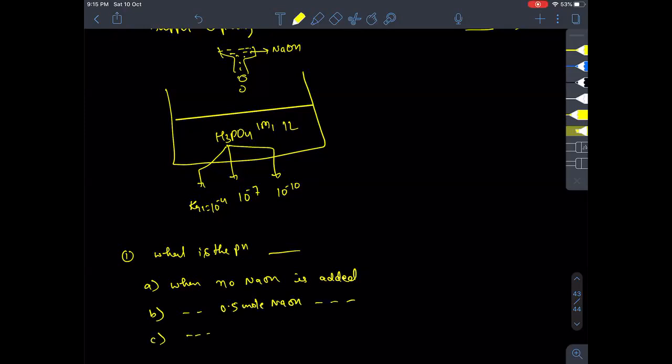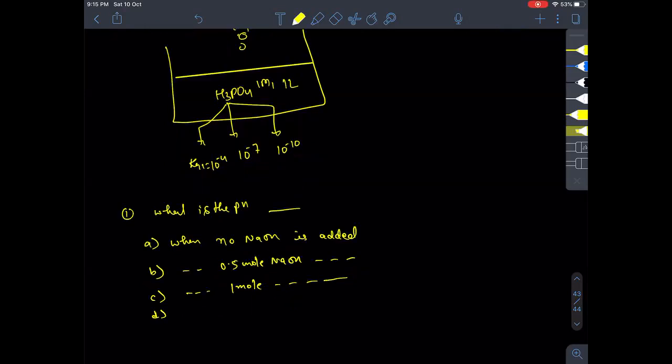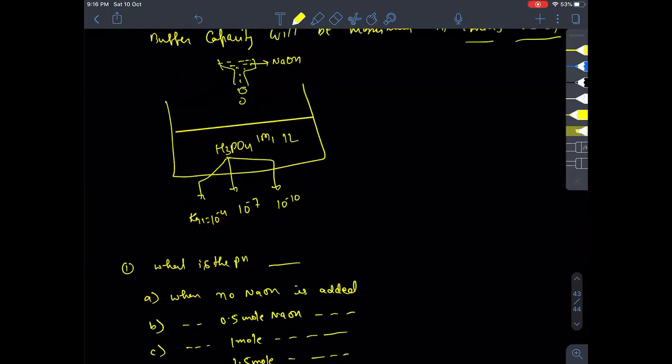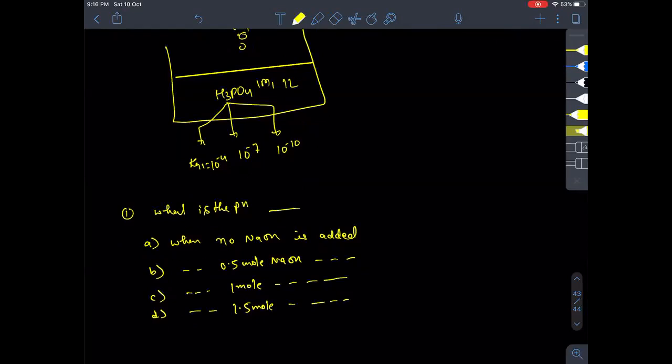Similarly, when 1 mole is added, similarly when 1.5 mole is added. And accordingly, you can increase, and you may take a value where 3 mole is added, and at last 3.5 mole is added.